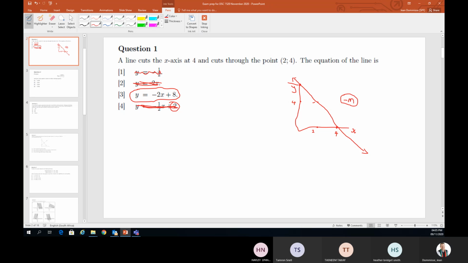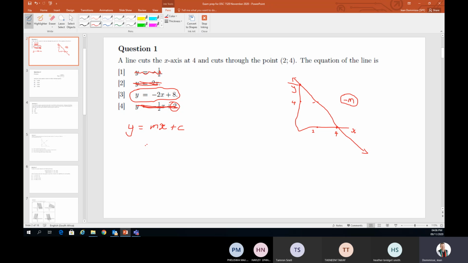Okay, but obviously, if it was not like this, we still need to get to the right answer. So the first thing that I would do is write how my equation will look like. Sorry, that must be mx plus c. The first thing is I would want to work out what the slope is.